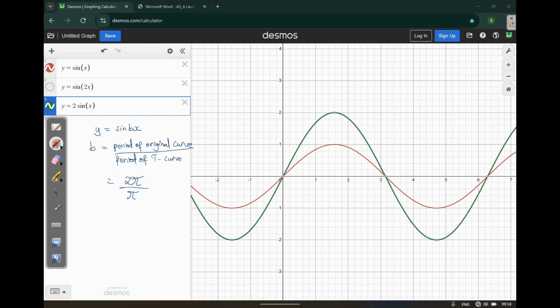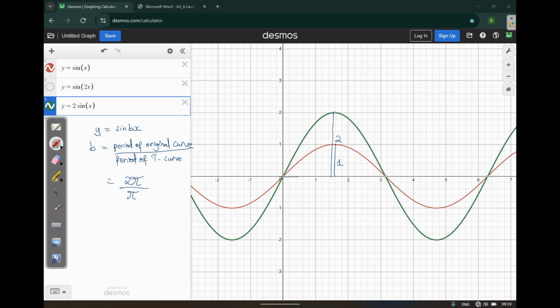Amplitude is the distance between the highest point and the principal axis, which divides the graph into two, whereby the crest is equal to the trough. Now, you can see that here it is 1 unit, but this one is 2 units.